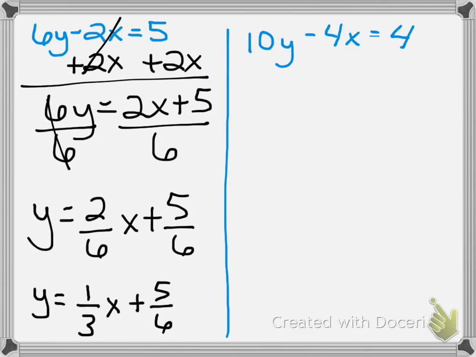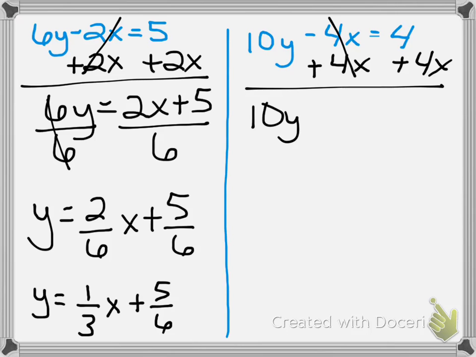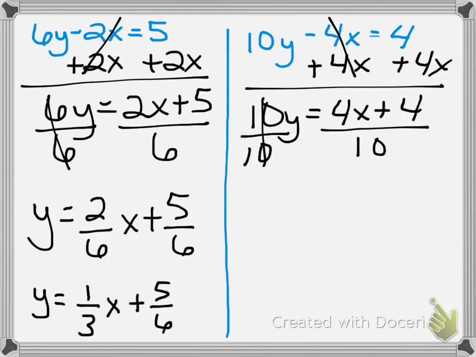My next one is 10y minus 4x equals 4. I'm going to move my 4x to the other side by adding it. They're going to cancel. I'll have 10y equals 4x plus 4. I'm going to divide each side by 10. Cancel these ones.